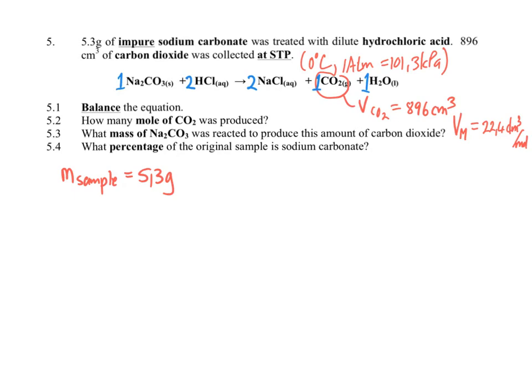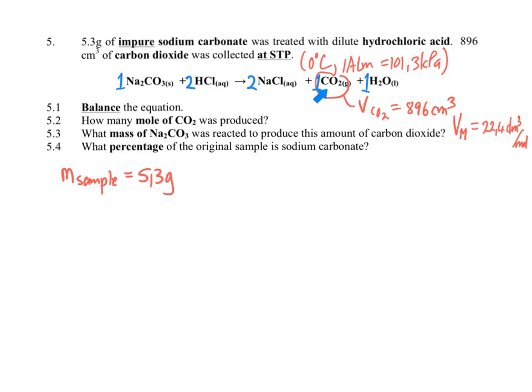So 5.2 asks how many moles of CO2 was produced. Now, it's important to note with these purity and impurity calculations that we start on the product side of the chemical equation, as opposed to when we worked with the percentage yield where we started on the reactant or reagent side.